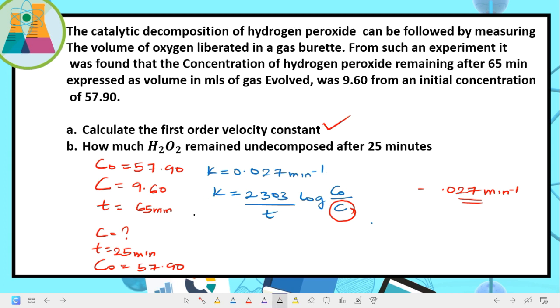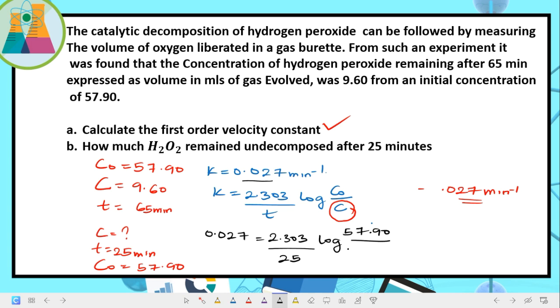Now, substituting in values, what is the value of k as calculated? Value for k is 0.027, is equal to 2.303 all over t. For part b, t was given as 25 minutes, is equal to log, what is your C0? 57.90.